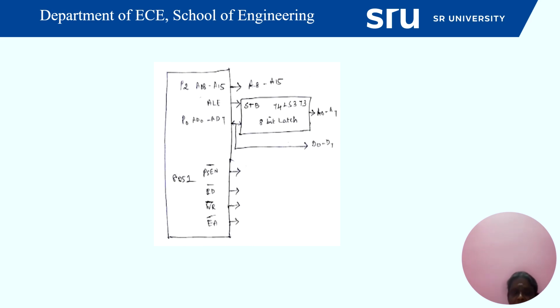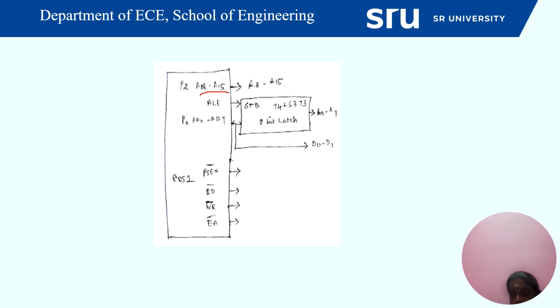So this is the diagram. It is the 8051 and it is 40 pin. What are the pins utilized for the read-write operation? For interfacing RAM and ROM, only those particular pins are taken into account. Port 2, the 8 to 15 address lines, is the upper byte address line. It is separated.